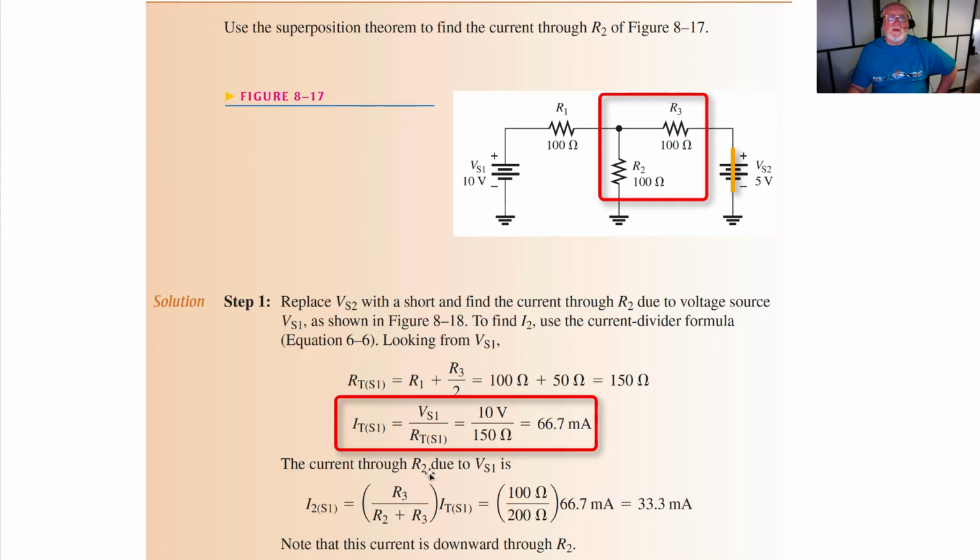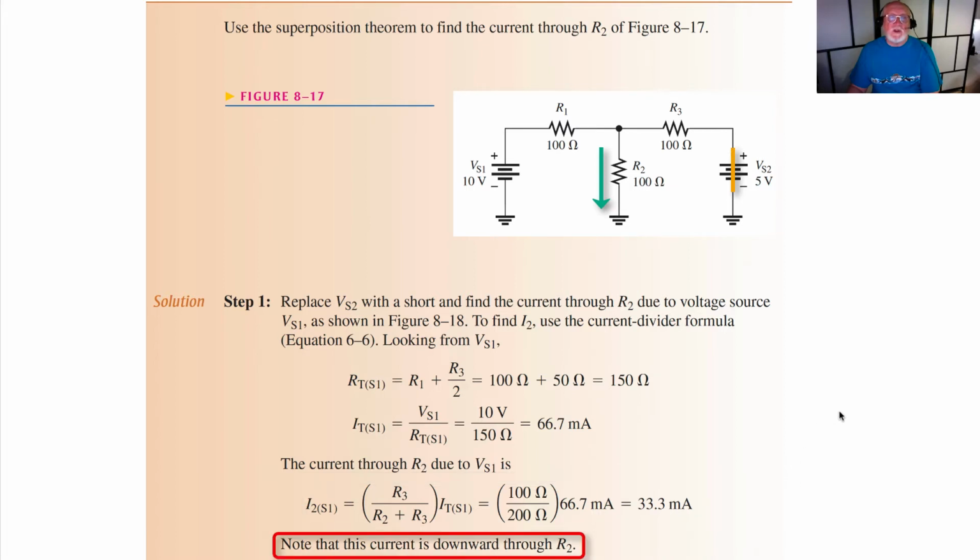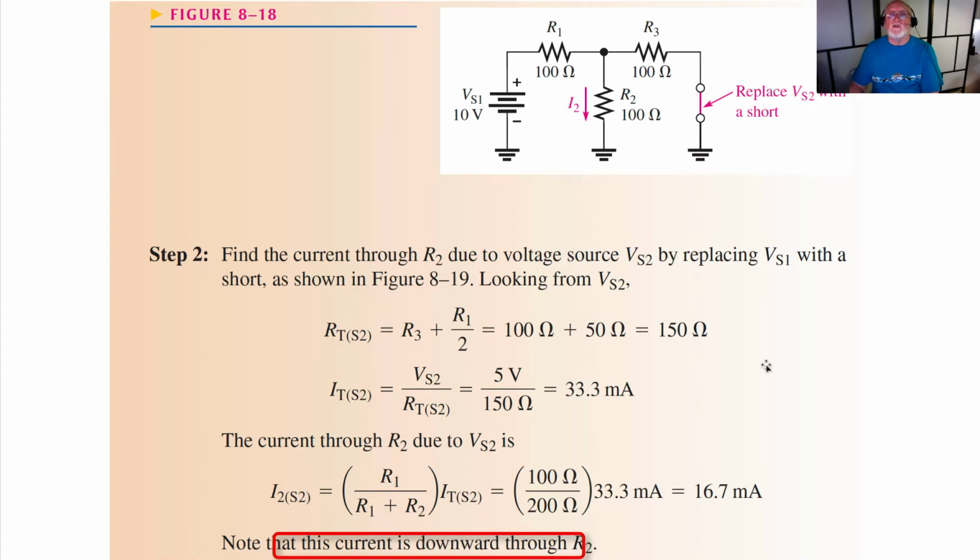The current through R2 due to voltage source 1 is equal to R3 divided by R2 plus R3, times the total current for source 1. 100 ohms divided by 200 ohms times 66.7 milliamps gives us 33.3 milliamps of current. Note that the current is downward through R2.